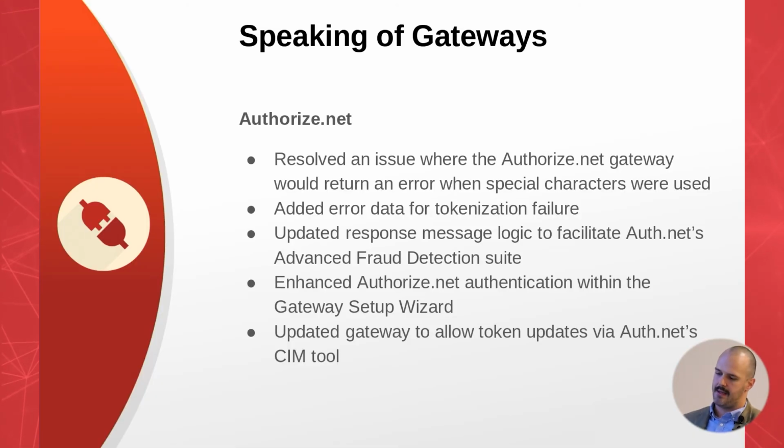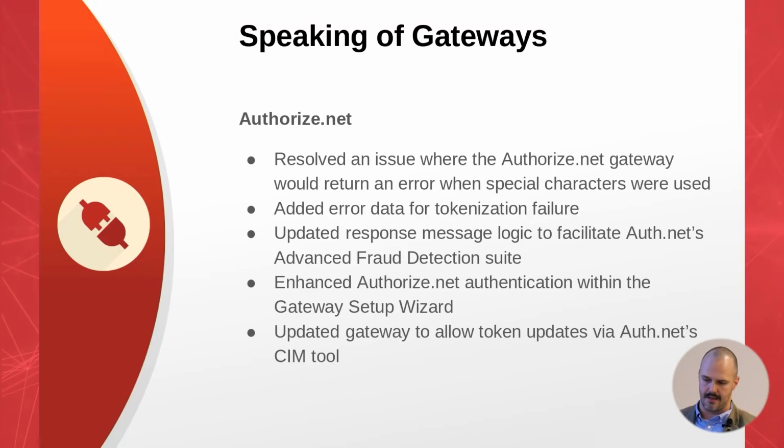While we're talking about gateways, here is a quick look at other updates and improvements that we've made to gateways. Authorize.net gets its own slide because it's one of the most used gateways, and we made a really good list of changes for it. We resolved an issue where the Authorize.net gateway would return an error when special characters were used. We added error data for tokenization failures. We've updated the response message logic so that it facilitates Auth.net's AFD, their Advanced Fraud Detection suite.